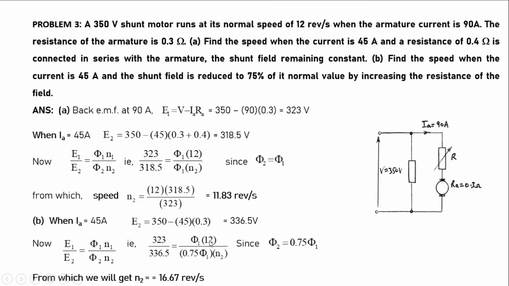Once again you apply the formula: 323 divided by 336.5 is equal to phi1 N1, 12 revolutions per second, divided by phi2 N2. Phi2 is reduced to 75% of its normal value. The shunt field is reduced, which means the flux is reduced, 0.75 phi1 N2. From this we can find N2 as 16.67 revolutions per second.